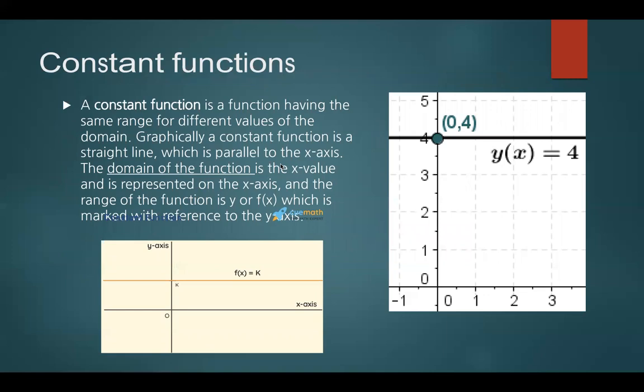Constant functions. A constant function is a function having some range of different values of the domain. Graphically, a constant function is a straight line which relates the x-axis to the domain of the function, which is the x value, and the range of the function is y or f of x, which is marked with reference to the y-axis.